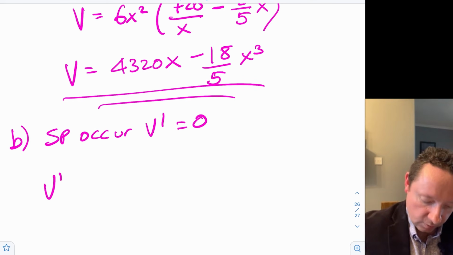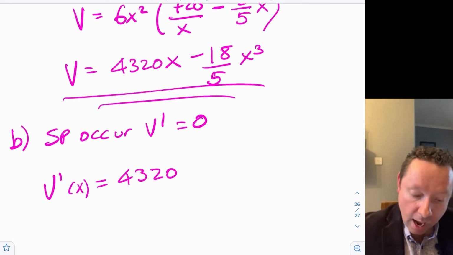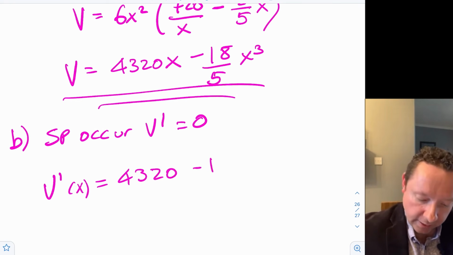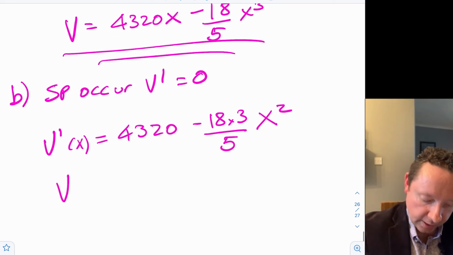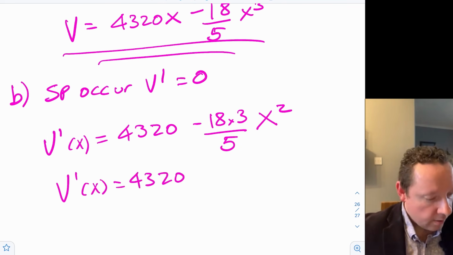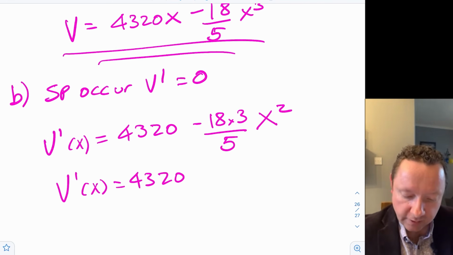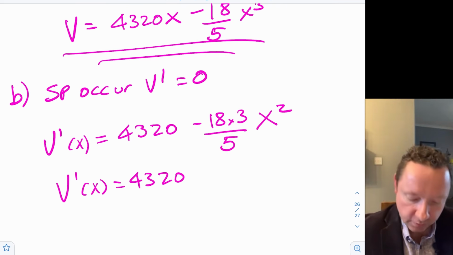So v dash, well, as a function of x, I suppose, is equal to 4320. And that's going to be minus 18 times 3 over 5 x squared. So v dash x is 4320 minus, 3 times 18, 3 tens are 30, 3 eighths is 24, so that's 54.